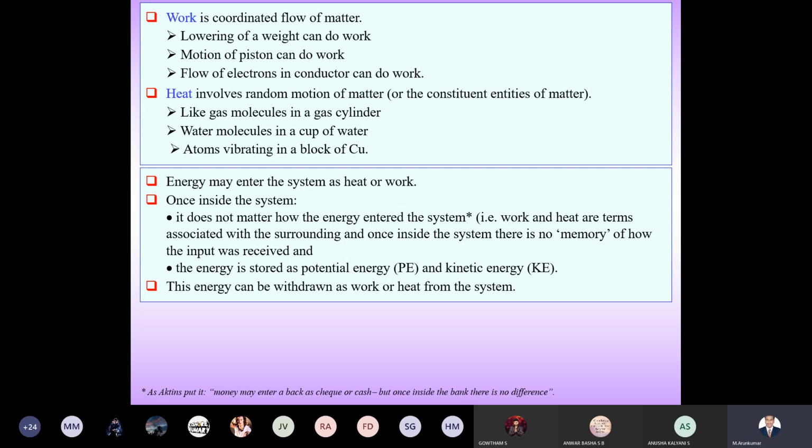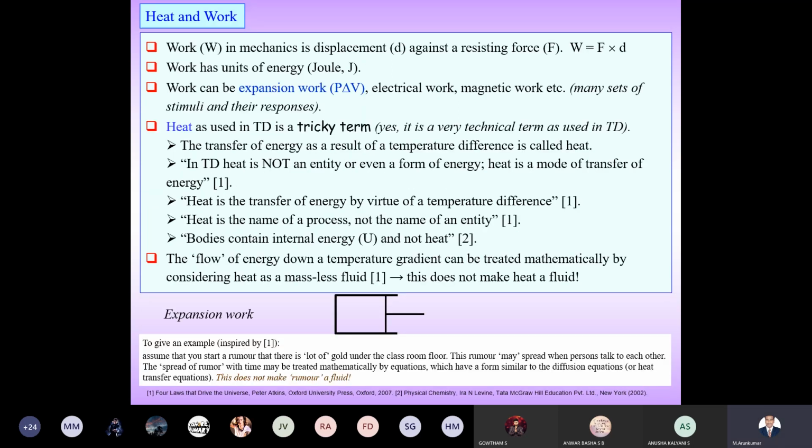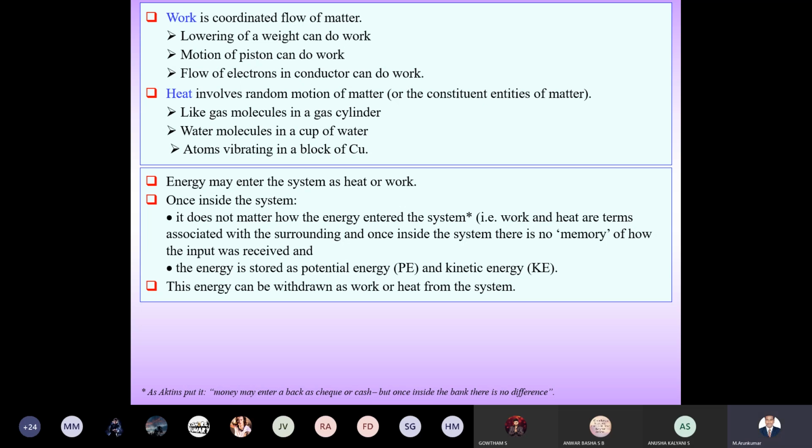So energy may be heat energy or may be work energy. So that's why we have to know both heat and work together. So these are the terms that we are using in thermodynamic processes: work and heat, transfer of work and transfer of heat.